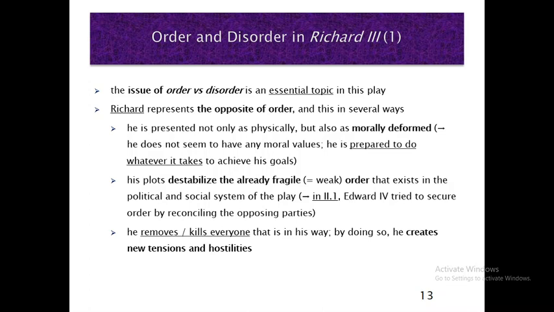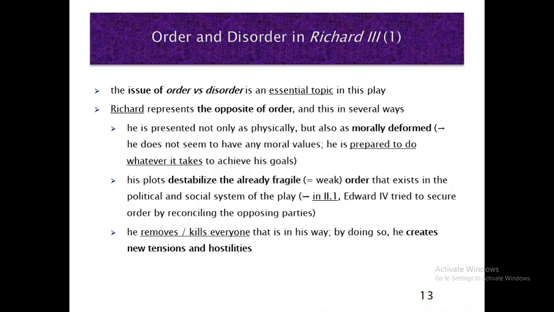I hope you remember, at the beginning of Act 2, Edward IV tries to secure order by reconciling the opposing parties, the conflicting parties and characters in the play. He tries to secure order by reconciling them, making sure that after his death there will not be another war.